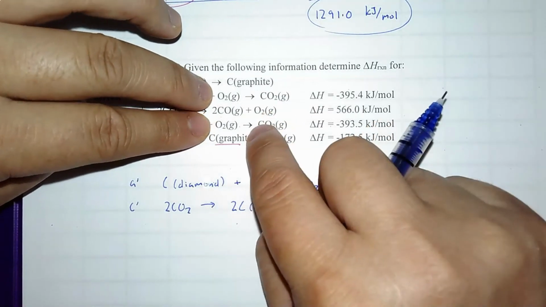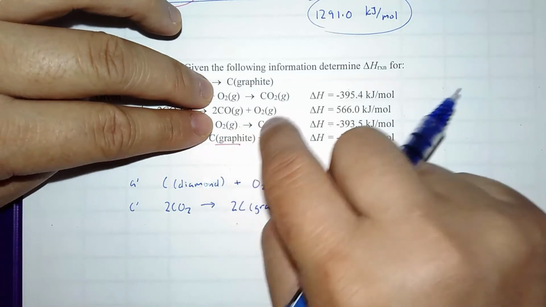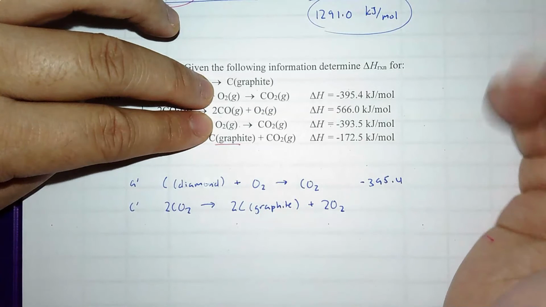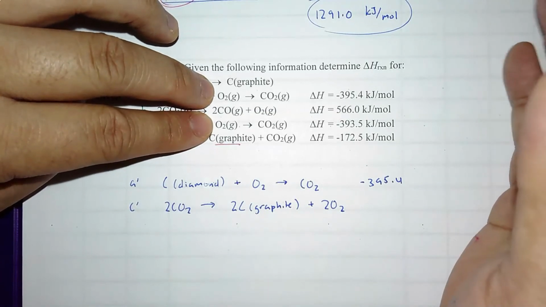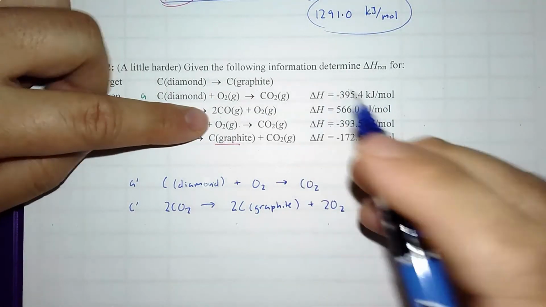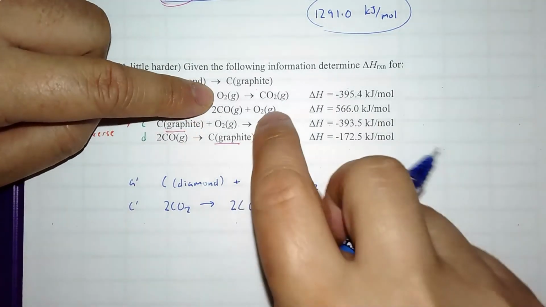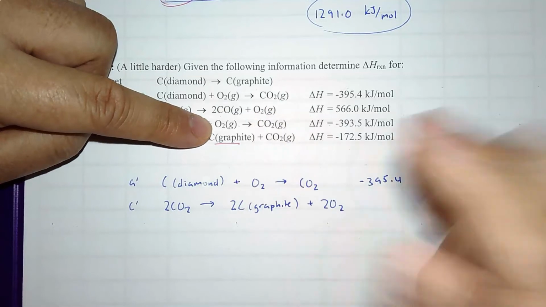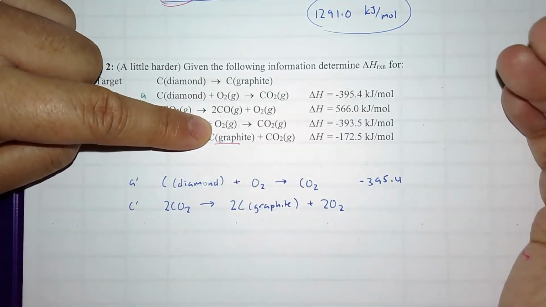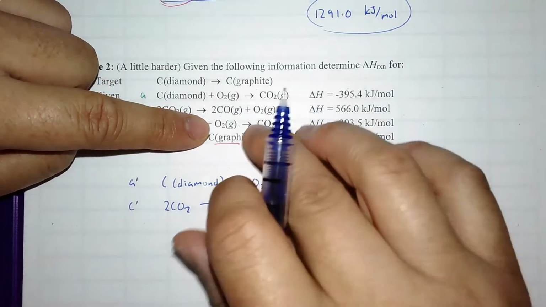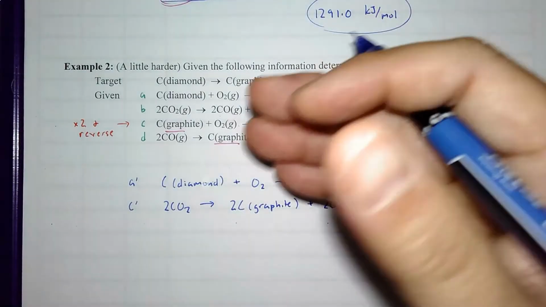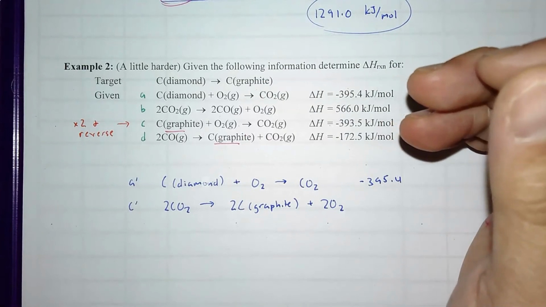So even if I reverse one of the reactions, I'm always going to have an excess of O2 on one of the sides. I need an even number so they cancel out. That also indicates to me that one of these reactions, A, B, or C, should be multiplied by 2, and then there's a way that I could get 2 on one side and 2 on the other, and then cancel those out because I have a total of 4 O2.